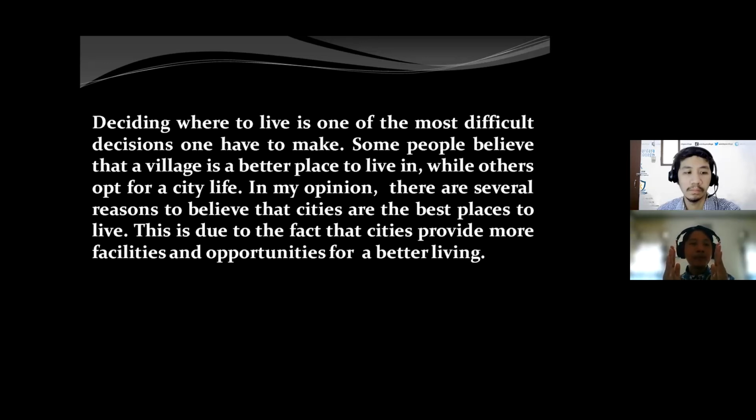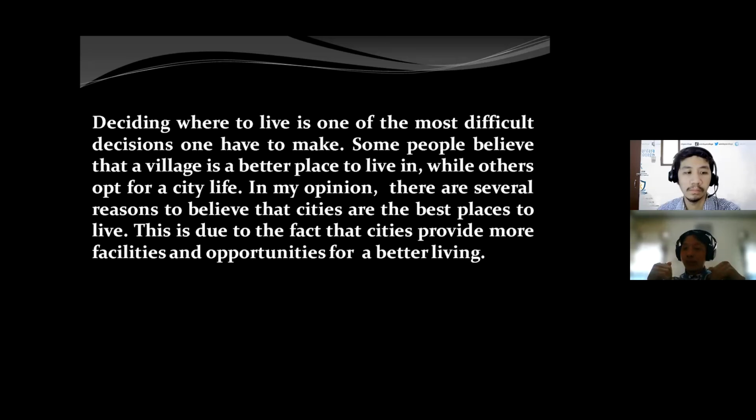Some people believe that a village is a better place to live in, while others opt for a city life. So village or city. From a really wide, general sentence, deciding where to live, I narrow it down into a village or a city. So I limit the topic.